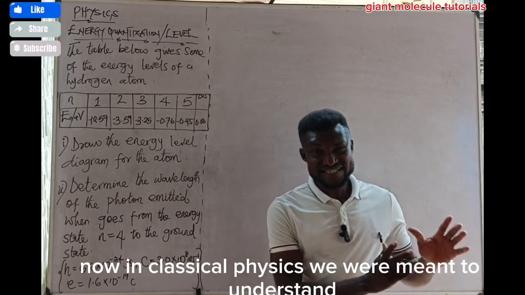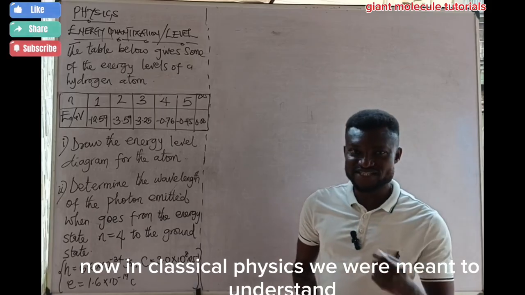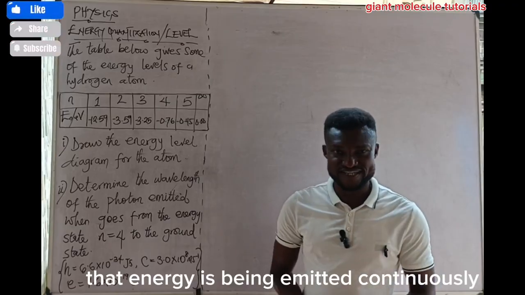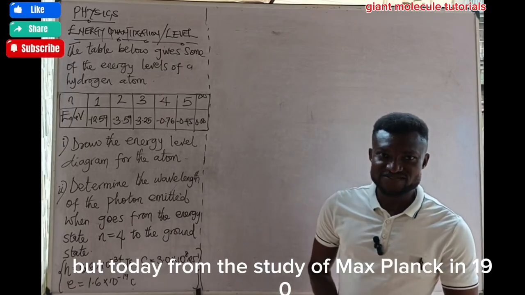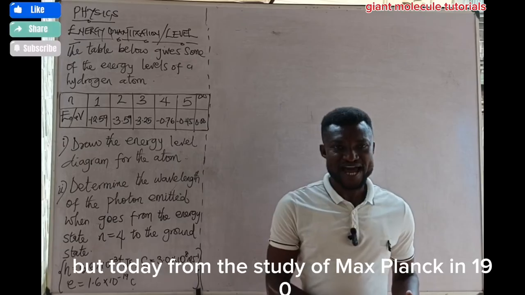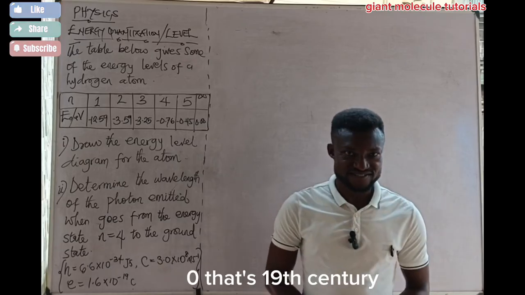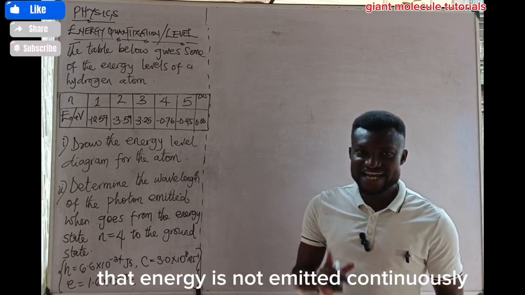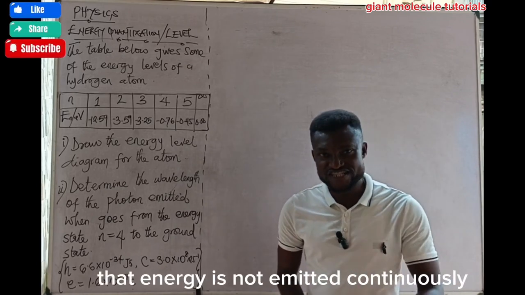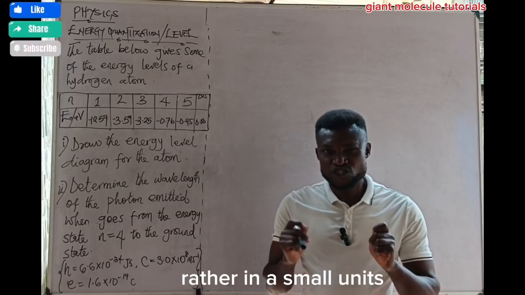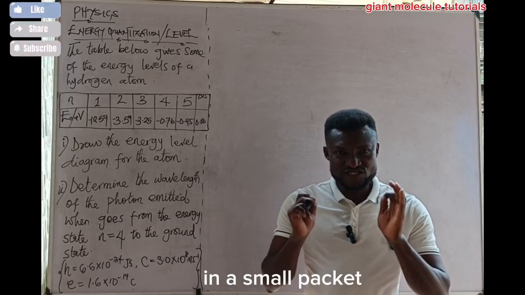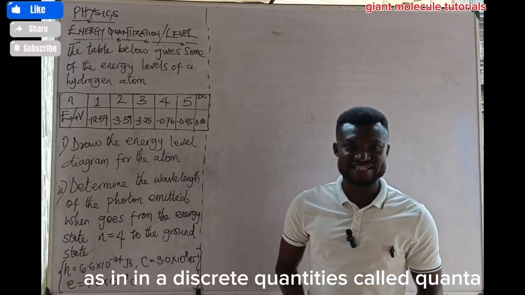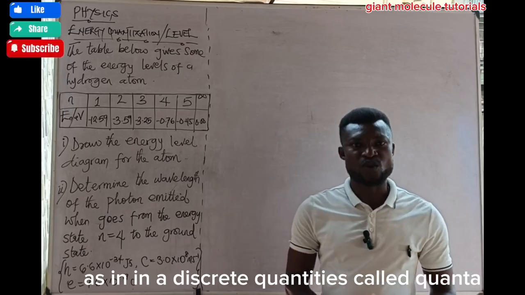Now, in classical physics, we were meant to understand that energy is emitted continuously. But today, from the study of Max Planck in 1900, we were meant to understand that energy is not emitted continuously, rather in small units, small packets, in discrete quantities called quanta.